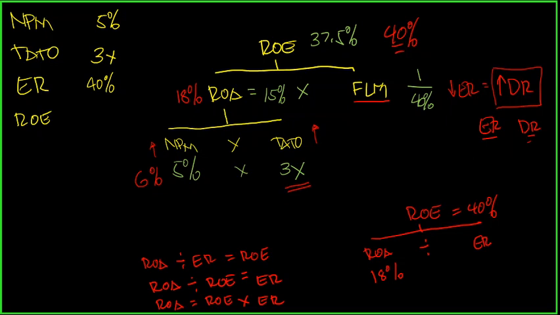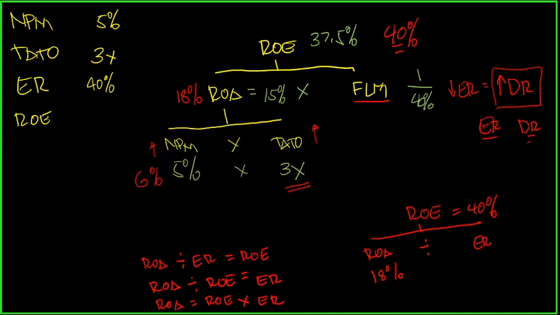So, what do we do next? Okay. If we are looking for the equity ratio, we are going to simply divide ROA by your ROE. So that will be 18% divided by 40%.